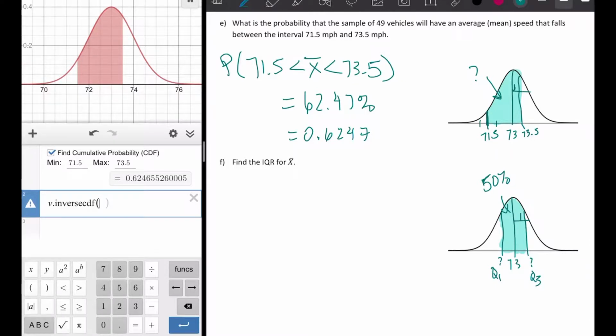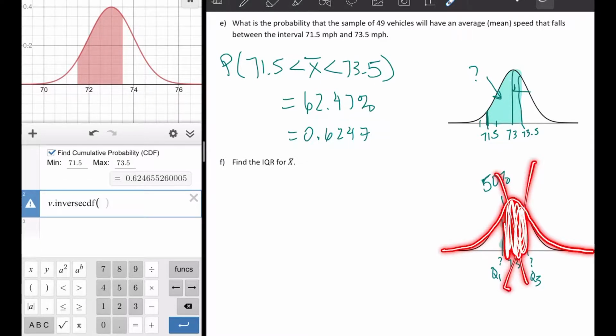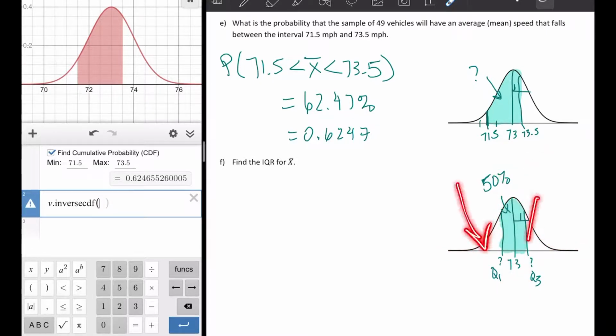With this being the middle 50%, we can do our middle percent dance. Everything adds up to 100%. Everything under this curve is 100%. If this is the middle 50% and I subtract it out, I'm left with 50%. So that means collectively in both of these wings is 50%. Well, this is a perfectly symmetric distribution, so I can split that in half. So this section is 25%, and so is this section 25%.